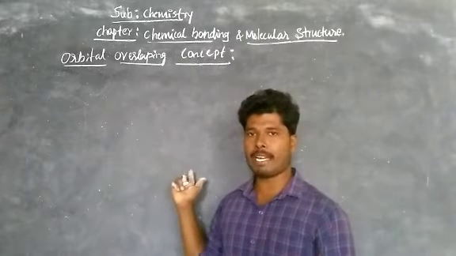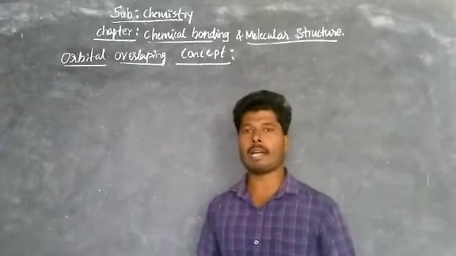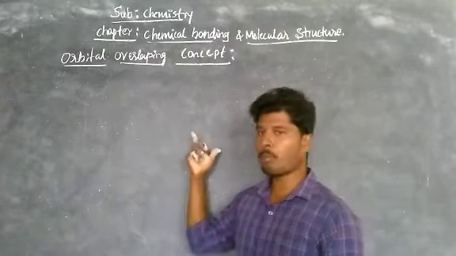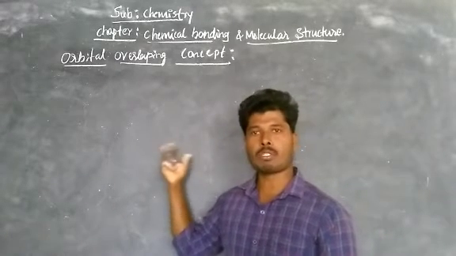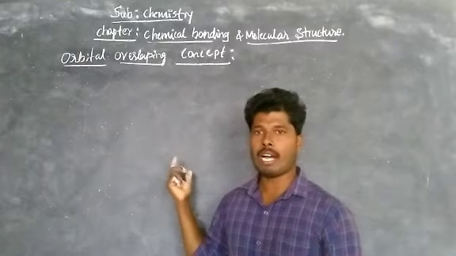That is explained under the concept of orbital overlapping. Here the orbitals are overlapped in three ways: positive overlapping, positive negative overlapping, or neutral overlapping of orbitals.